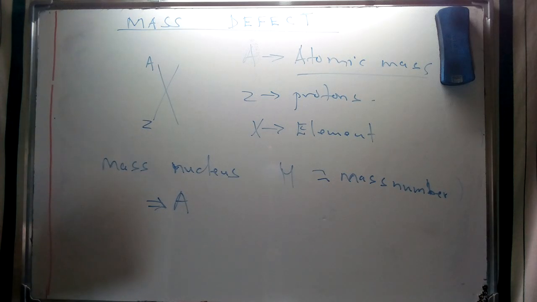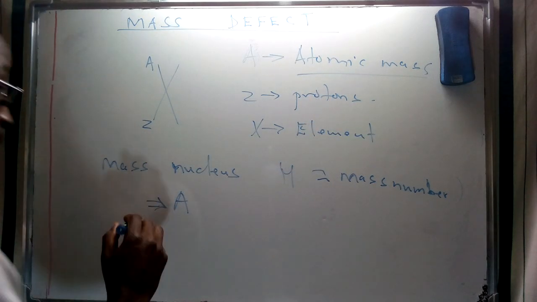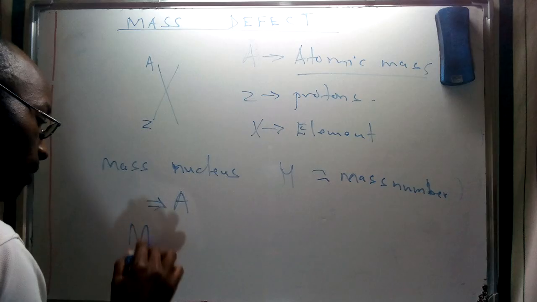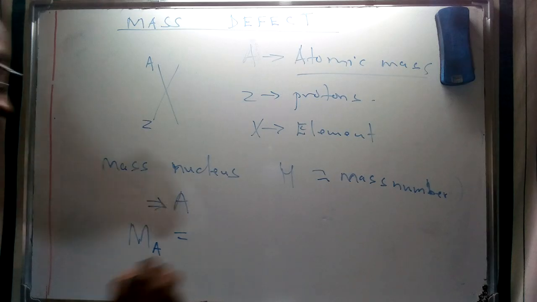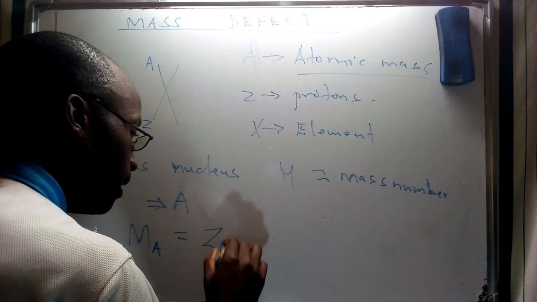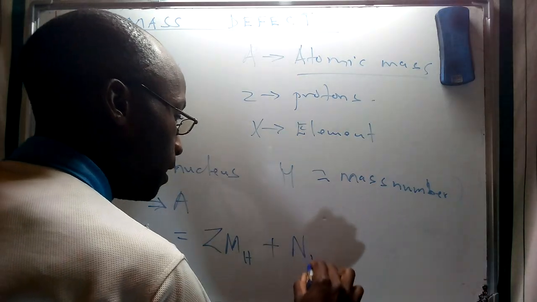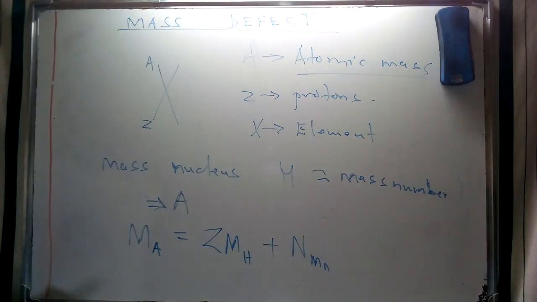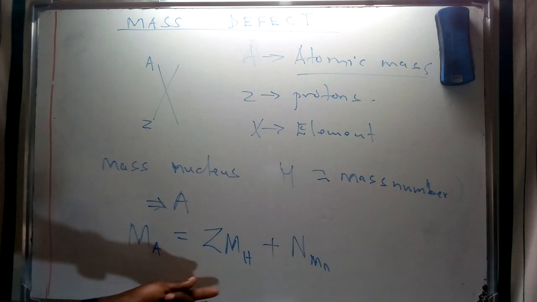If we consider the mass of an atom, we can give an expression using the symbol capital M subscript A, which is equivalent to the mass of the protons contained in that specific atom and the mass of the neutrons contained in that specific atom, given as Z and N respectively.